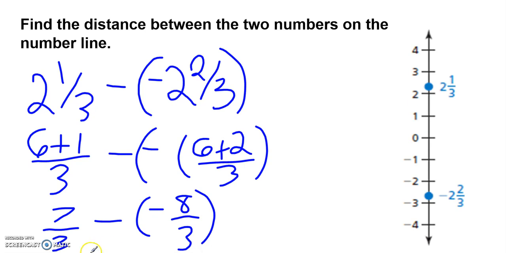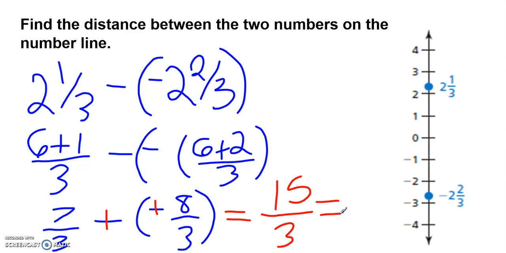Okay, and then from here we don't like subtraction, so we're going to add the opposite, and we get 7 plus 8, which I think we can all do by now, is 15/3, which equals 5. Awesome!